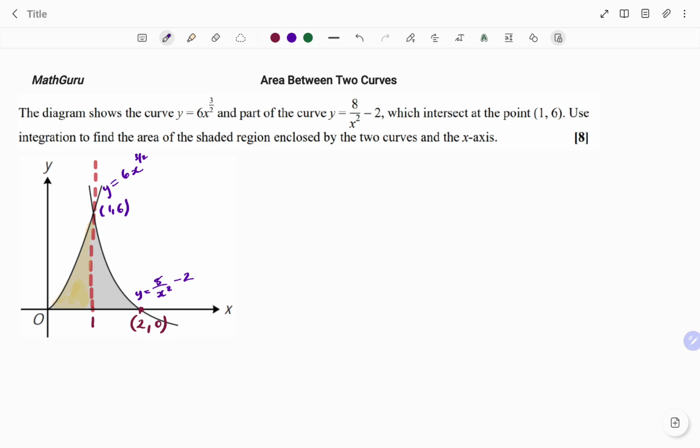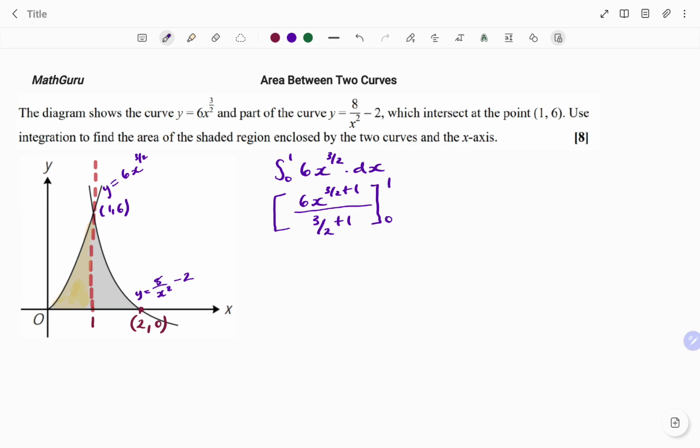So to find the area, I have the integral from 0 to 1 of 6x to the power of 3 over 2 with respect to x, because I have my boundaries. If I integrate, I have 6x to the power of 3 over 2 plus 1 divided by my new power, that's 3 over 2 plus 1, from 0 to 1. That's my upper and lower boundary.